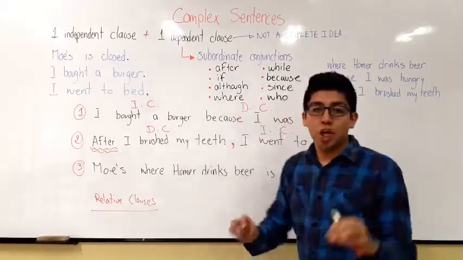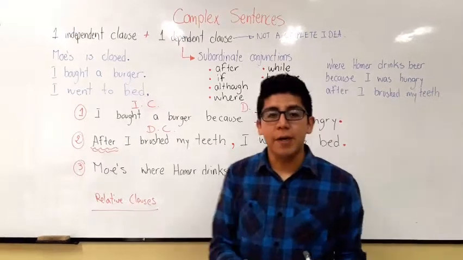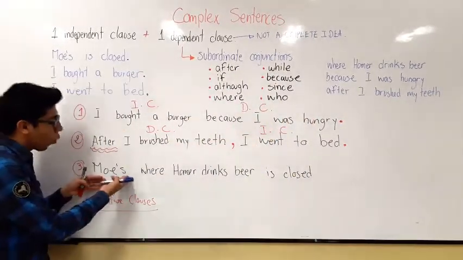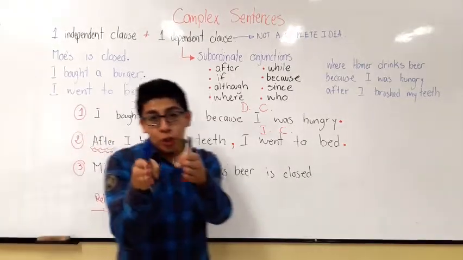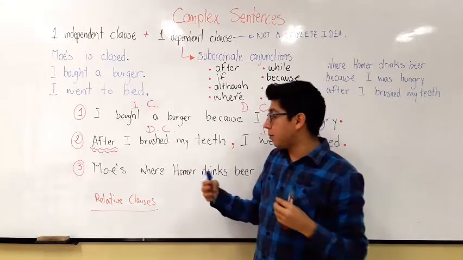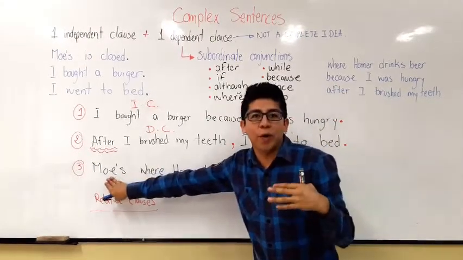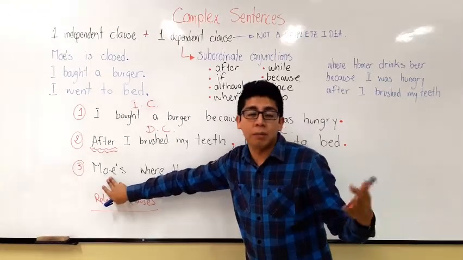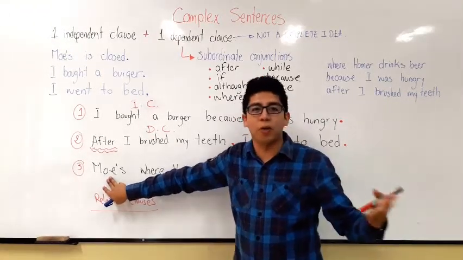First case, you know the information, right? When you know the information, like in this case, when I say Moe's, probably you who are watching me right now may know what Moe's refers to, right? It's like Homer's bar in the series called The Simpsons.